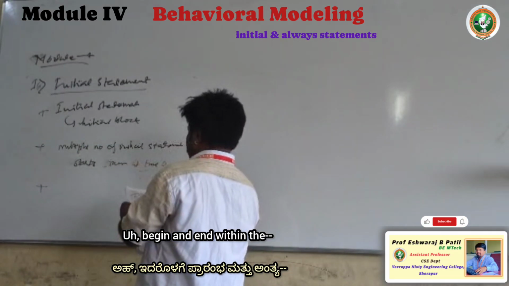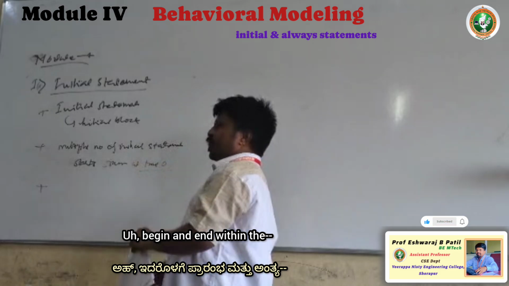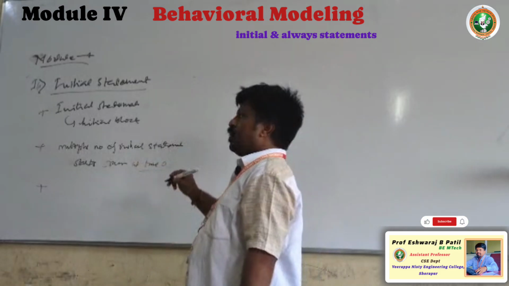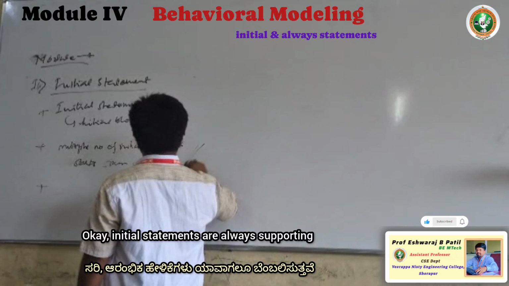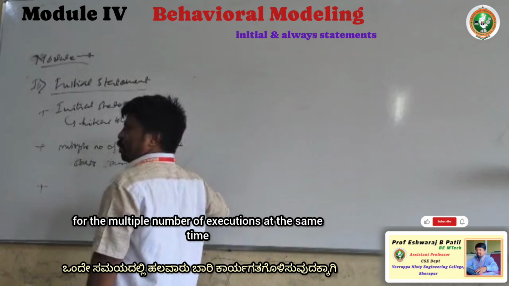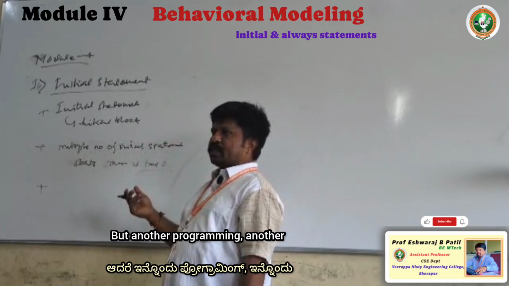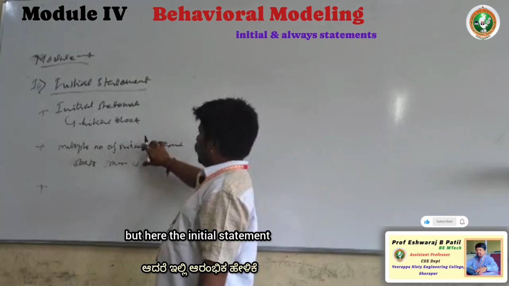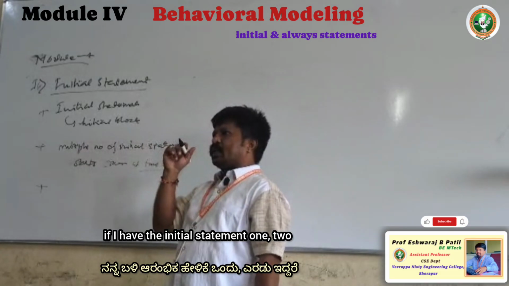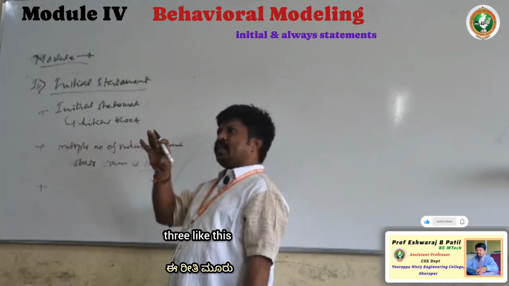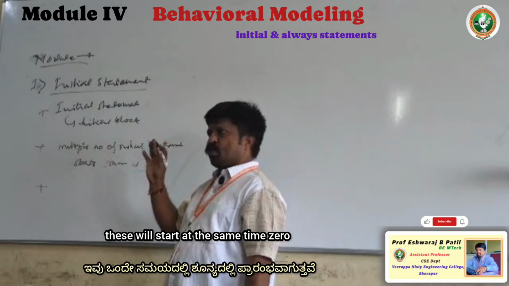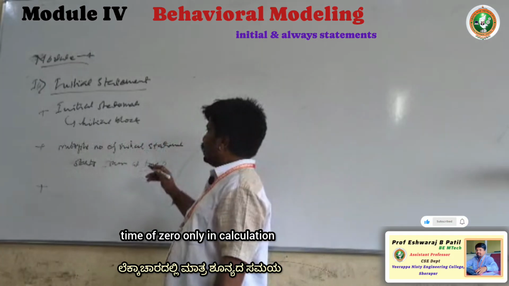Even the parallel statements must be grouped using begin and end. Initial statements always go with multiple executions at the same time, but other statements will not. If I have initial statements 1, 2, 3 like this, these will start at the same time, time 0 only.